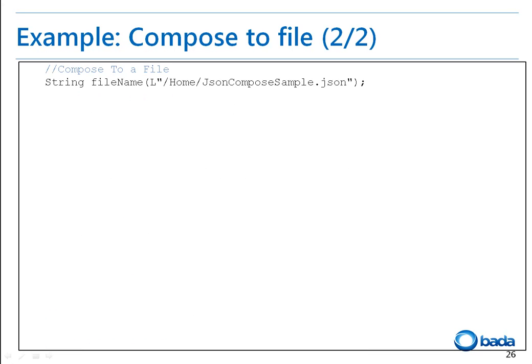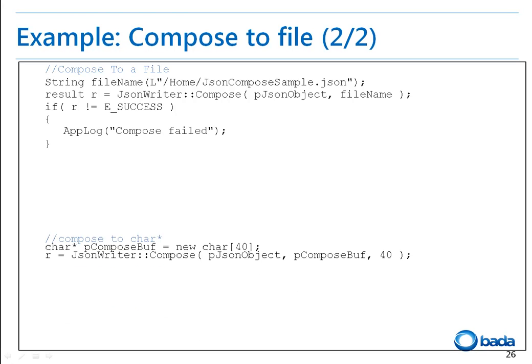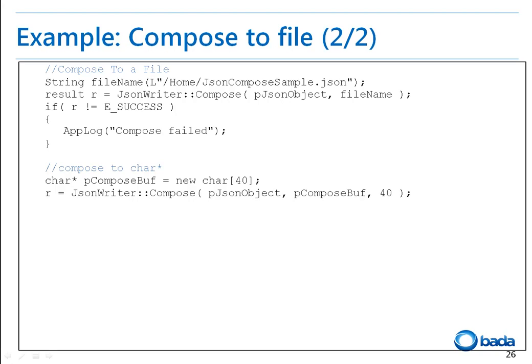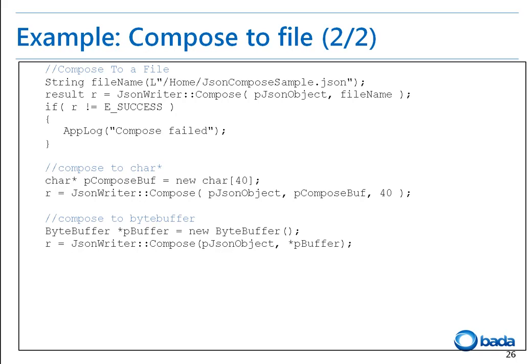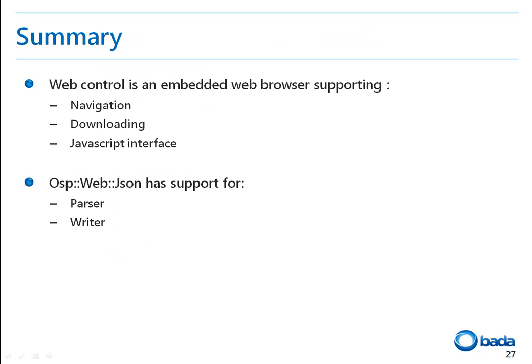I've created a file, JSON compose sample.json, to which I'll write the JSON object contents. Using the compose method for a file, I write the JSON objects into the file. Then, to show you the usage, I've written the JSON object to a character buffer. And here, I'm writing the JSON object to byte buffer. Finally, when everything's done, don't forget to remove the used variables.